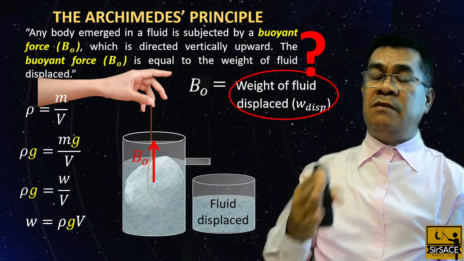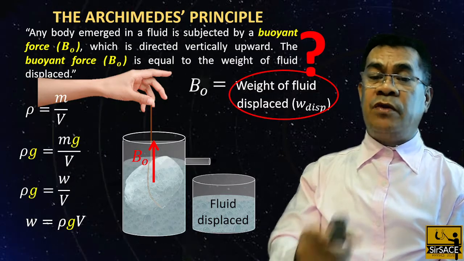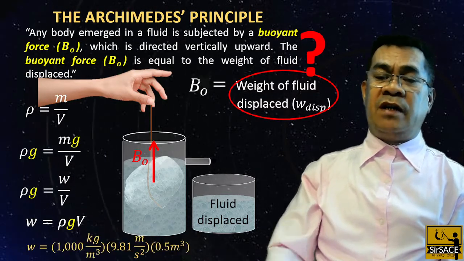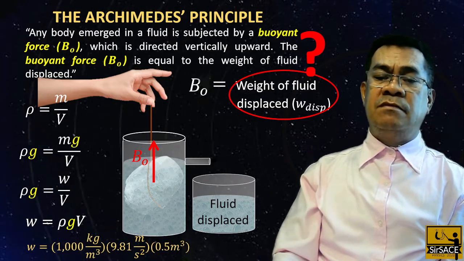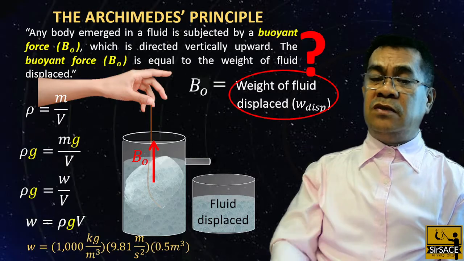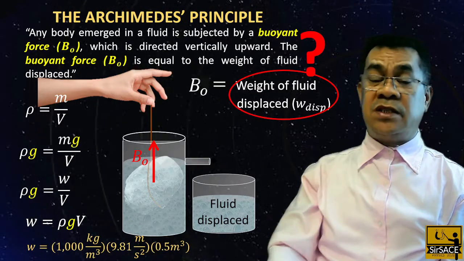And g is 9.81, the Earth's gravitational acceleration, and the volume is 0.5 cubic meter. So multiplying the three, 1000, 9.81, times 0.5, and take note the unit is in Newton because the cubic meter can be cancelled out, and the kilogram meter per second squared is Newton.